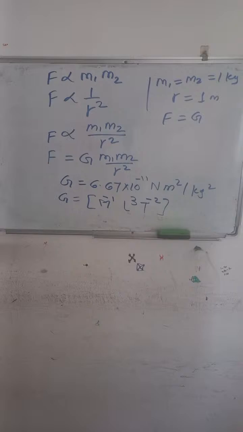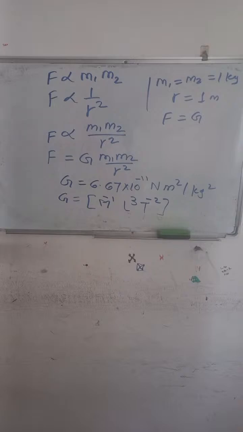I wrote it in the form of an equation, and then I introduced the gravitational constant G. G is 6.67 into 10 raised to minus 11 Newton meter square per kg square, and the dimensions are M raised to minus 1, L raised to 3 and T raised to minus 2. If the masses are 1 kg and the distance is 1 meter, then the gravitational constant is numerically equal to the force applied.